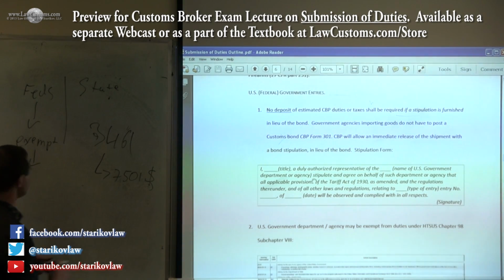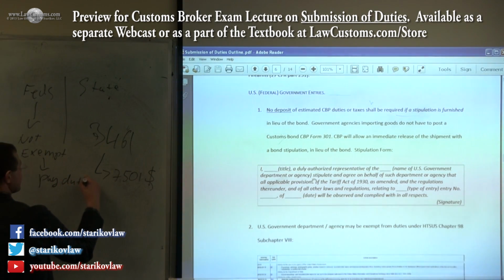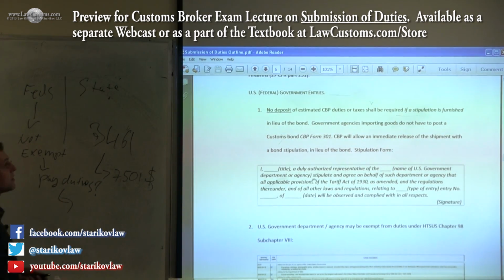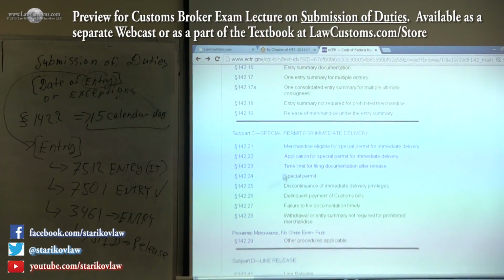Here we're not even talking about exemption. Here we're assuming it's not exempt. So pay duties when? Well, later.